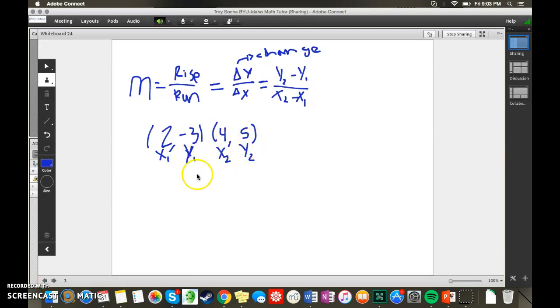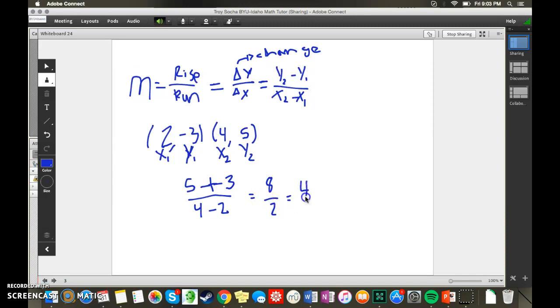Now we take y2, so 5, minus 3, so minus a minus 3, over 4 minus 2. So minus a minus 3, we get this positive thing going on here. When you subtract a negative, you get a positive. Now we end up with 8 over 2, or 4.